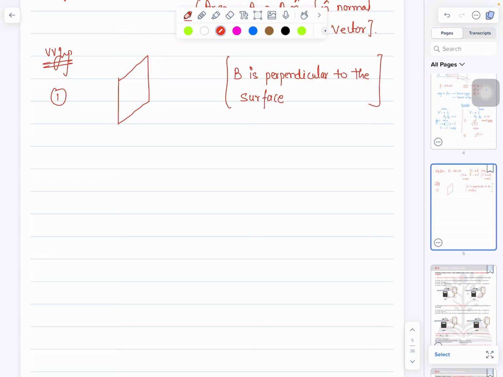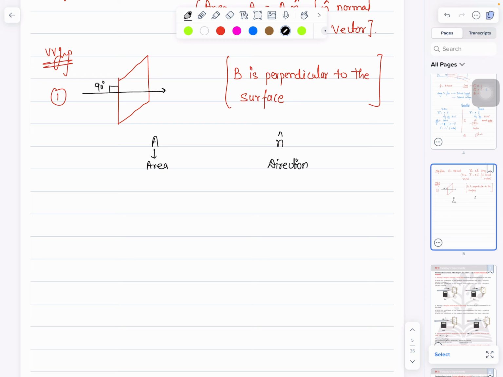They will give you that the magnetic field is perpendicular to the surface. How are you going to solve this situation? Let's say this is your magnetic field. Yes or no? So what is the angle here? 90 degree. But there are two things. One is A, which is called the area, and one is n cap, which is the direction.